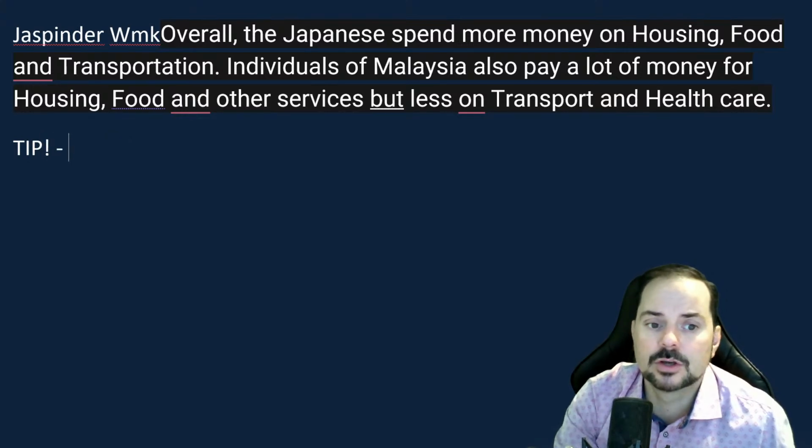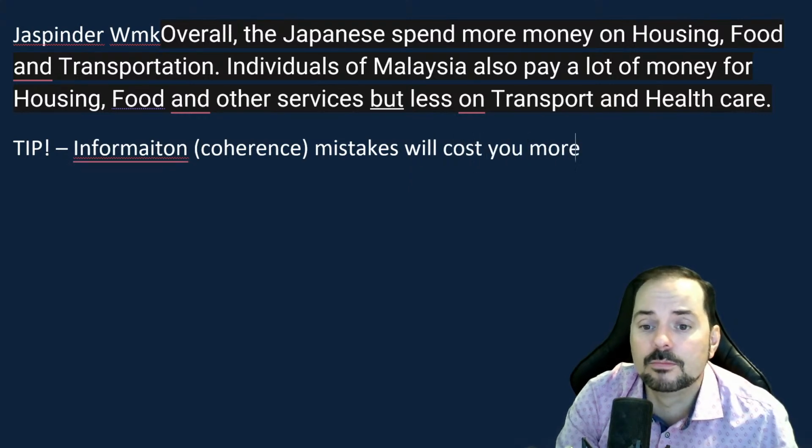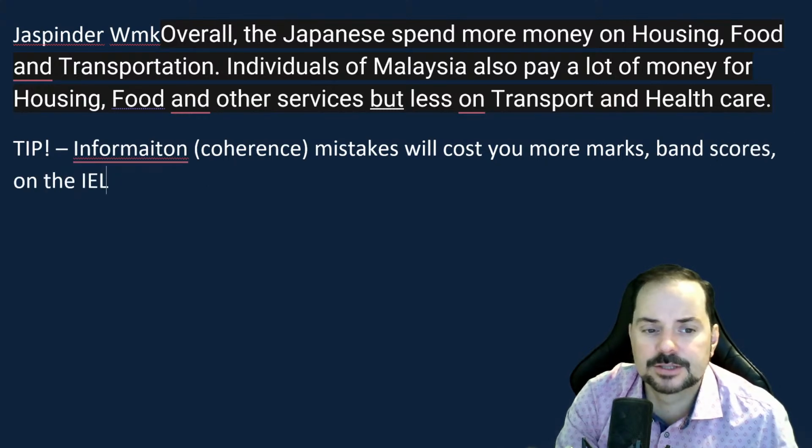Okay, so information, or also known as coherence, mistakes will cost you more marks or band scores on the IELTS than a few spelling or grammar mistakes.